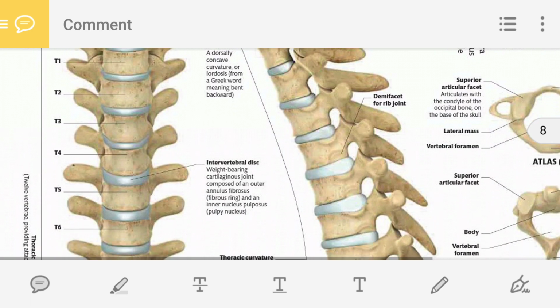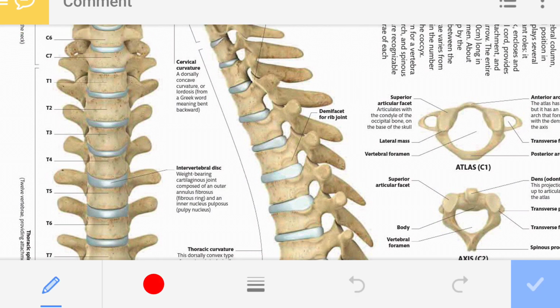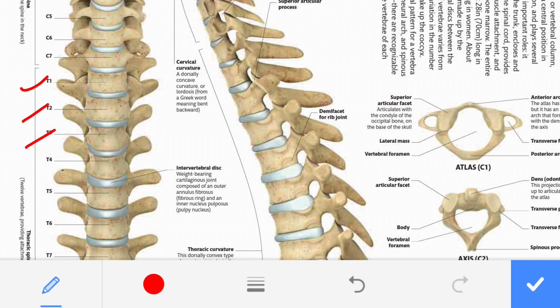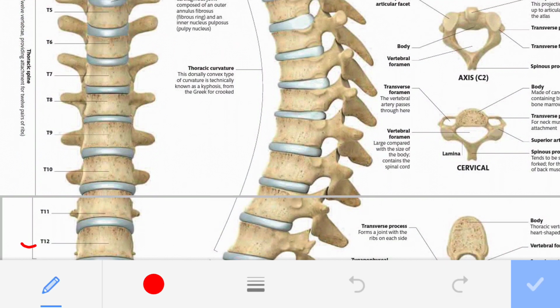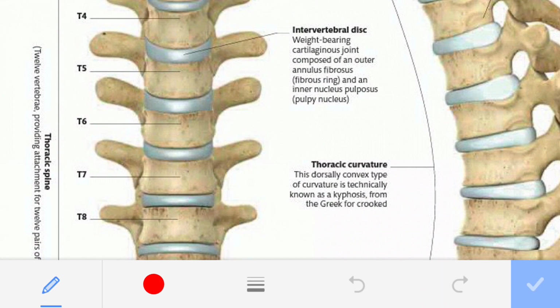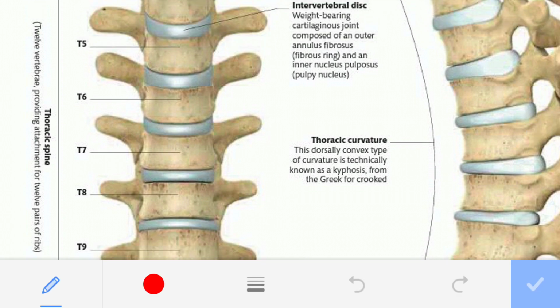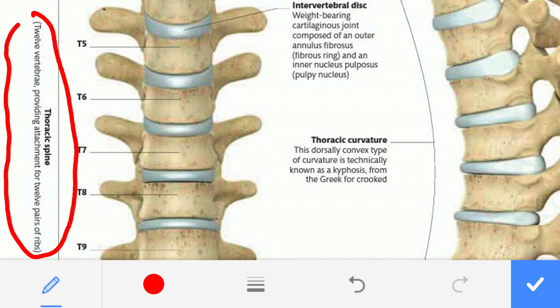Now our thorax region vertebra. As you can see, this is T1, T2, T3, T4 up to T12. So from T1 to T12, these are thoracic vertebra. And what is written over here? 12 vertebra providing attachment for 12 pairs of ribs.